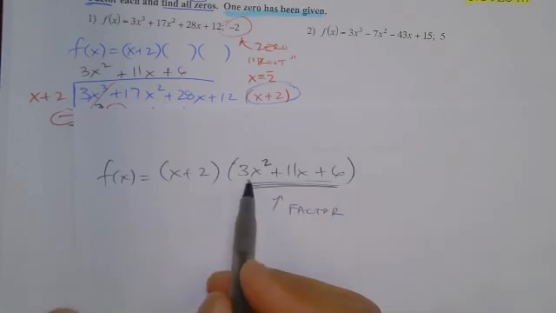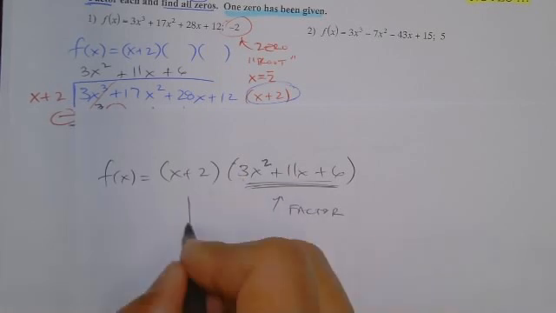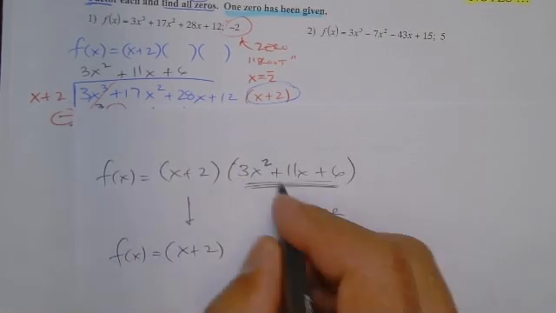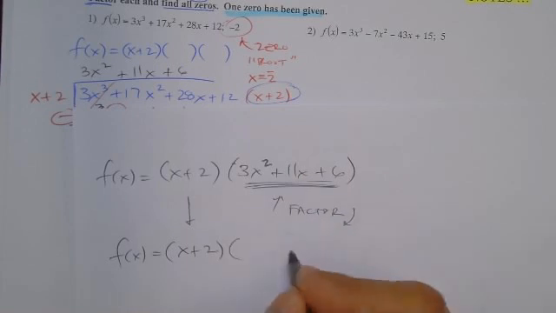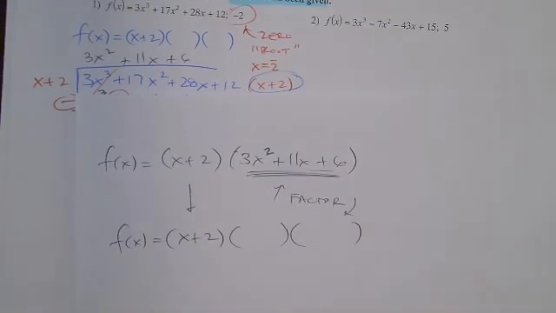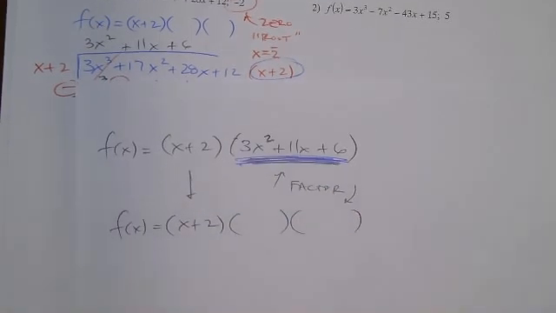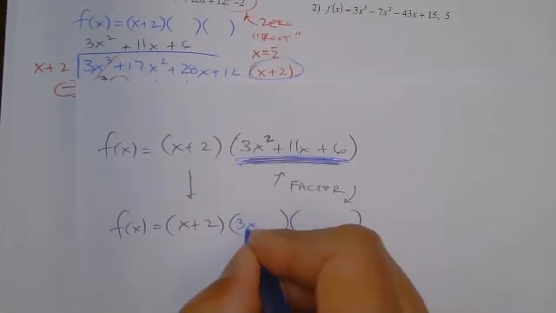This is what we were doing last week, knowing how to factor these with a leading coefficient. So you still have the x plus 2, and you've got to figure out what gives you the 3x squared plus 11x plus 6.